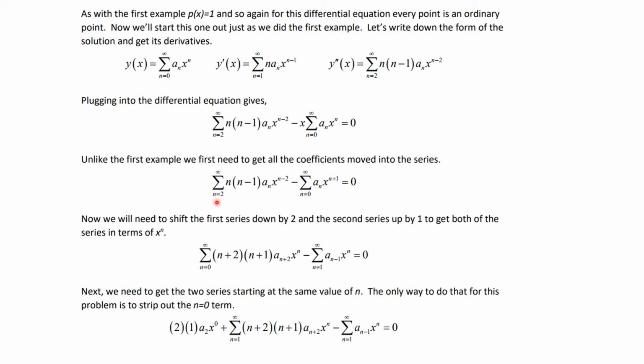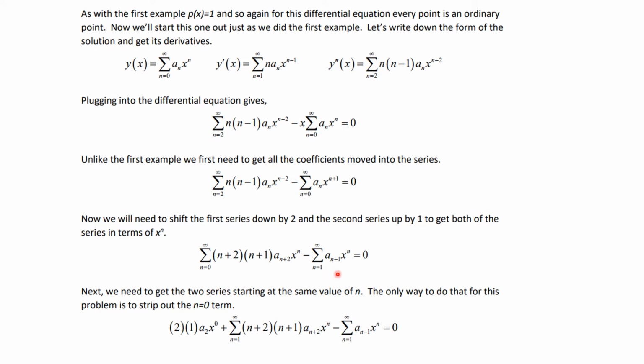Now we want to consolidate this, so we have to do some shifting. We'll shift the first series down by 2, starting at n equals 0. That'll make these numbers go up to keep things balanced. And the second series, the exponent we shift up by 1, to get them both in terms of x to the n. And so we have this expression.